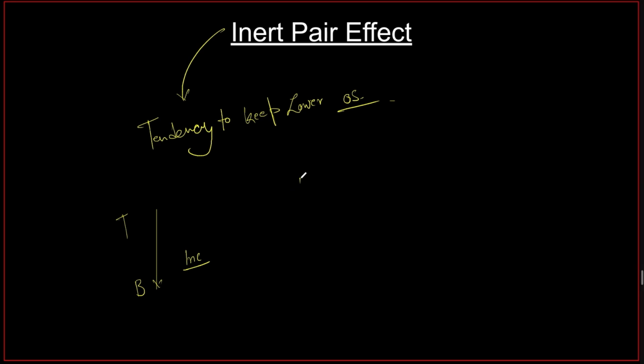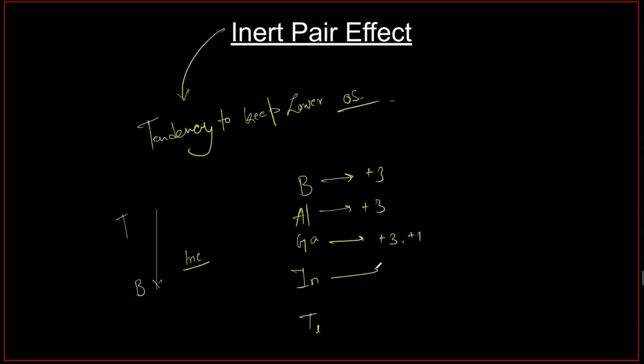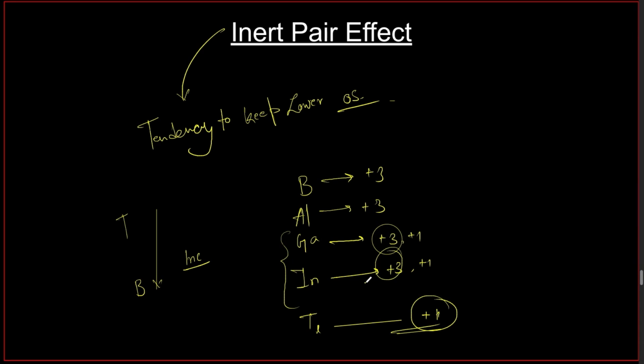Let's take an example: boron, aluminium, gallium, indium, thallium. Boron shows +3, aluminium shows +3. Gallium +3 and +1. Indium +3 and +1. And thallium +3 and +1. Boron has the lowest effect. Gallium and indium also have +1, but they also share +3. So thallium has the highest inert pair effect here. So this one increases.